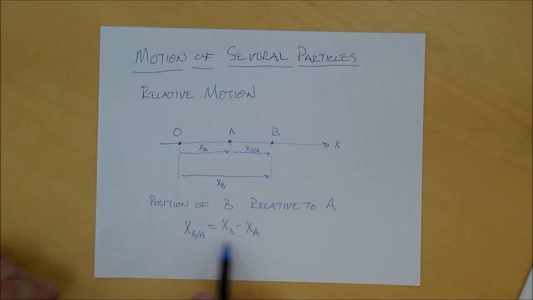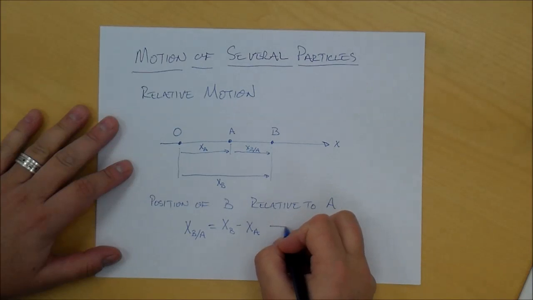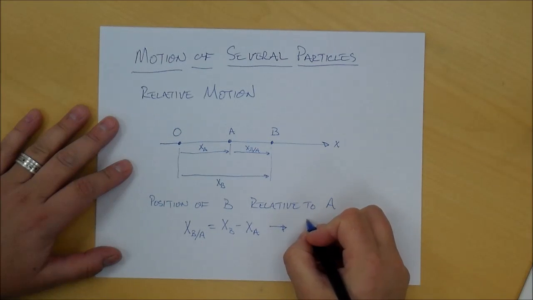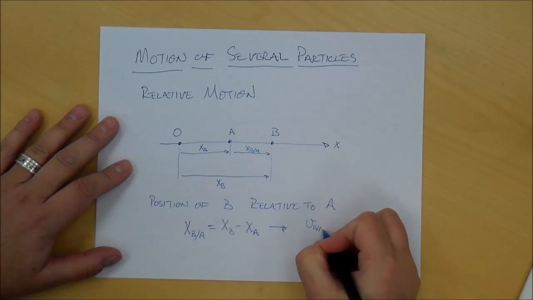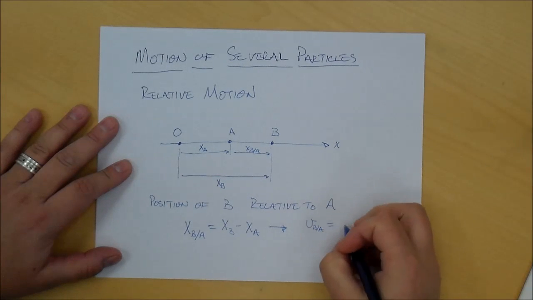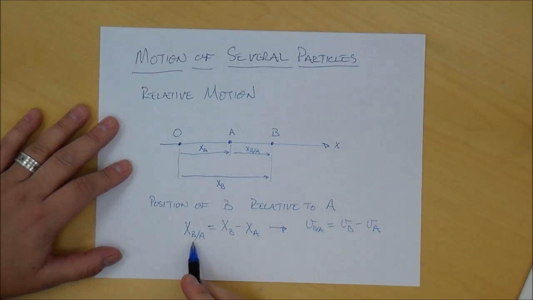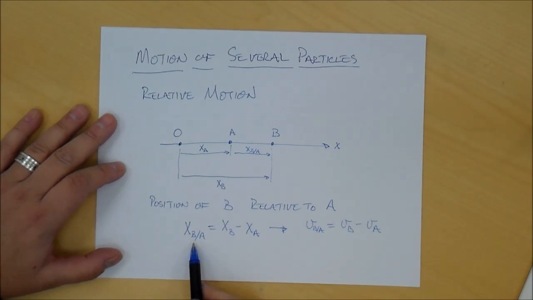Now, I can take the derivative of this equation with respect to time, which leads me to conclude that the velocity of B relative to A is equal to the velocity of B minus the velocity of A. So the derivative of that one is velocity of B relative to A, the derivative of xB is VB, and the derivative of xA is VA.